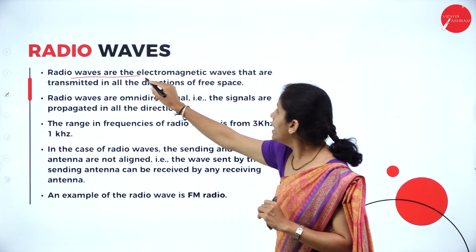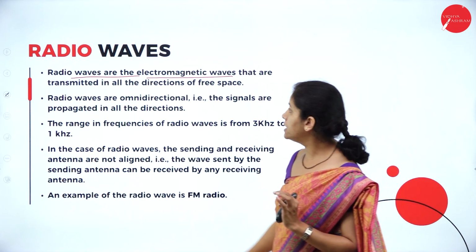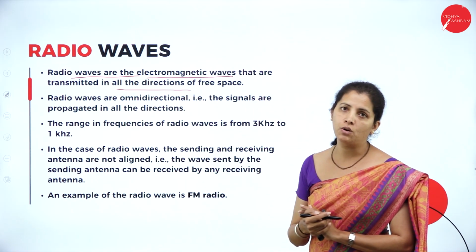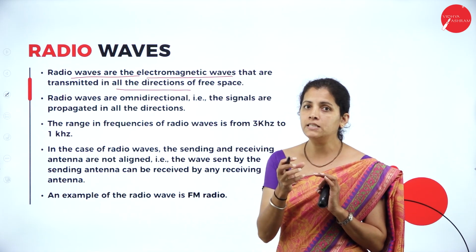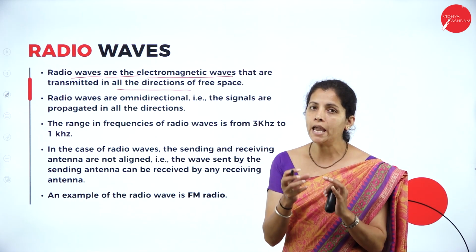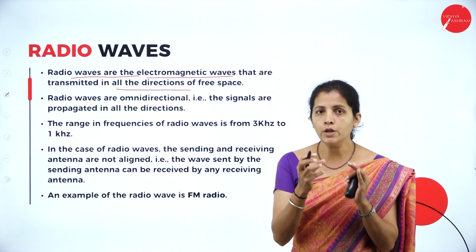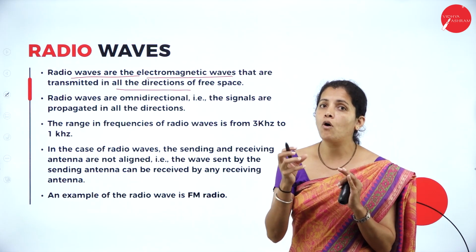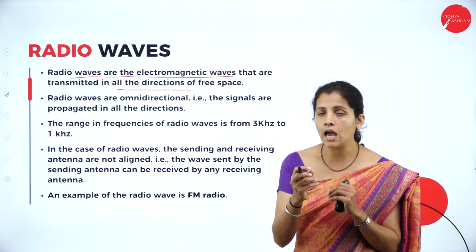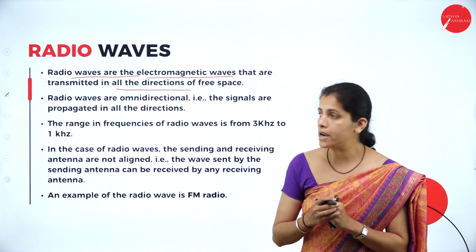Electromagnetic waves are transmitted in all directions of free space. So, what is free space? That's nothing but the air. So, I'm going to have the radio wave or electromagnetic wave or signal carried in all directions using air.